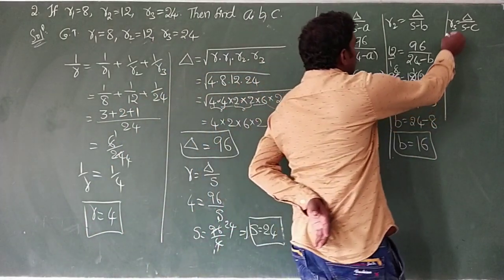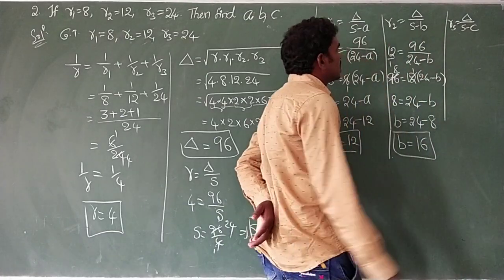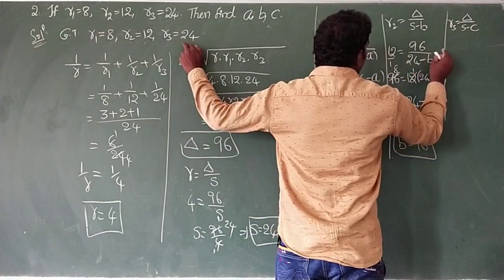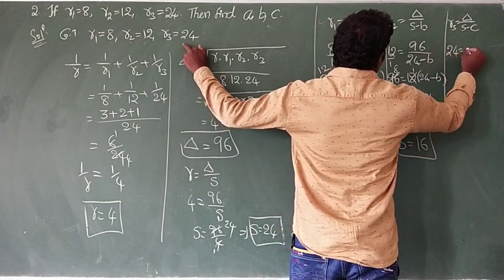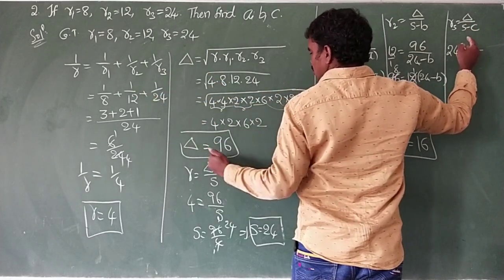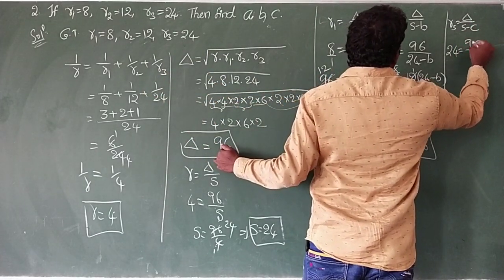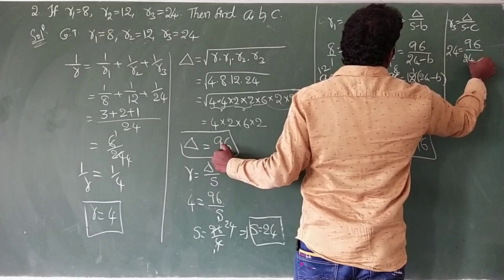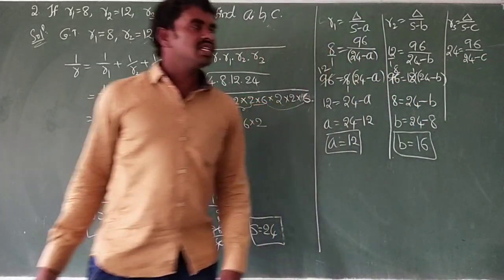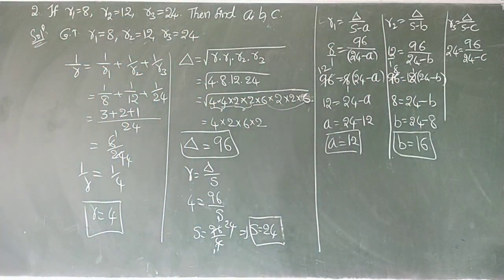Similarly, simplify R3 equals delta by S minus c. R3 means what? Given as 24, so 24 is equal to delta, which is 96, by S, which is 24 minus c. Okay, is it visible? Now see it. Okay, clear.